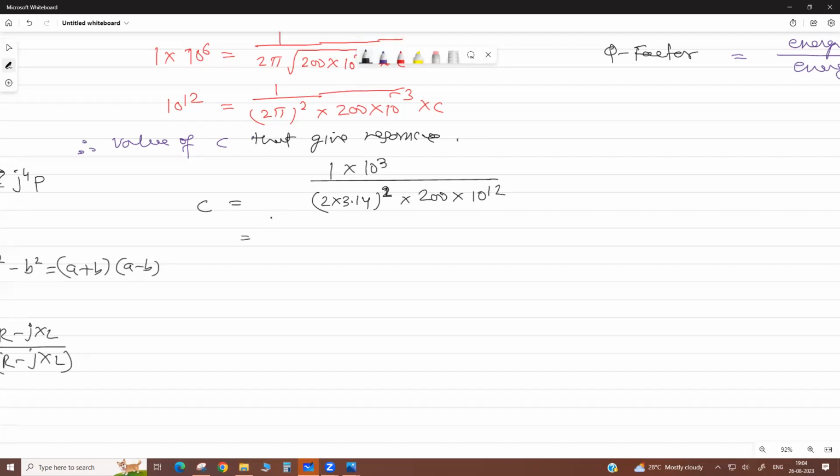My dear, we get a value of 0.126778 into 10 raised to power minus 12, because this 12 goes for this.